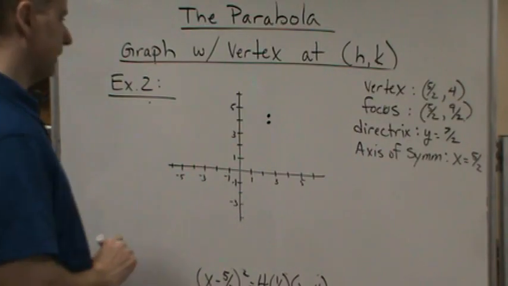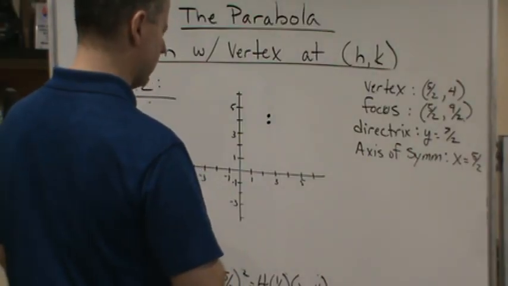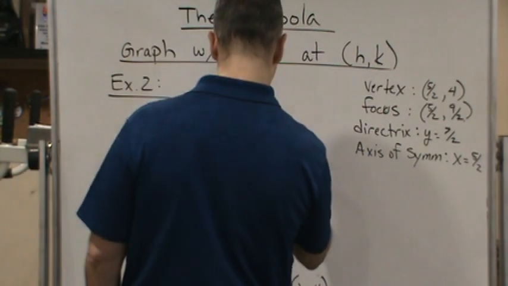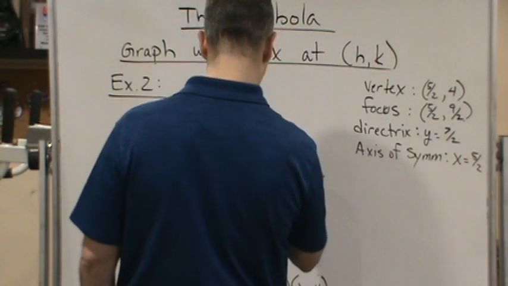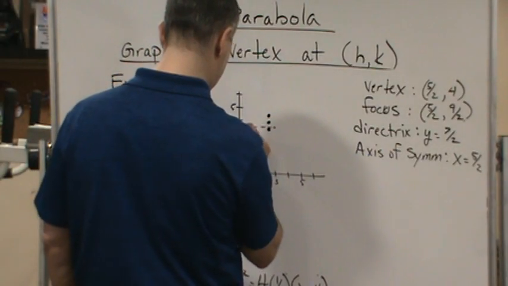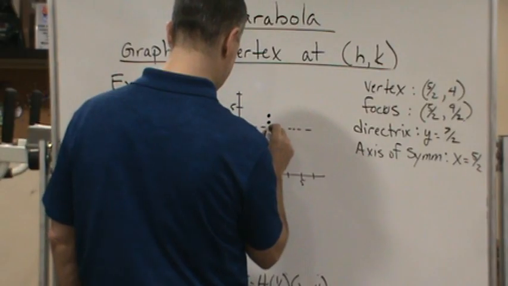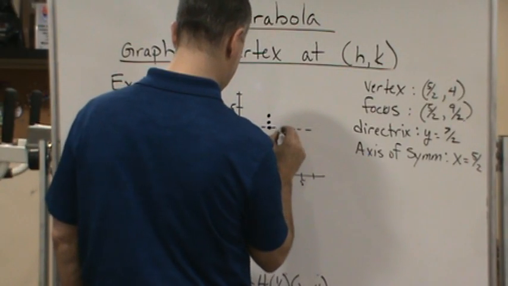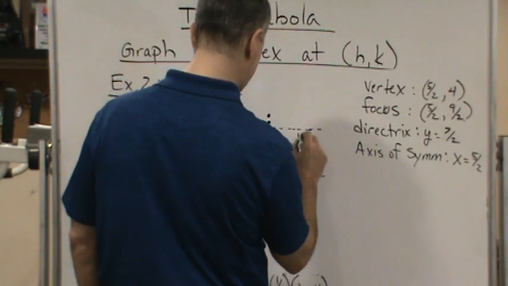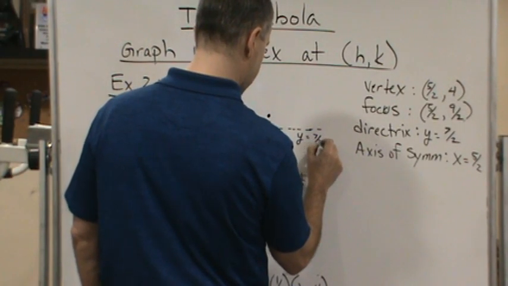The directrix is at y equals 7/2, which is 3.5. So it's going to be right about there. So if I draw right there, this is y equals 7/2.